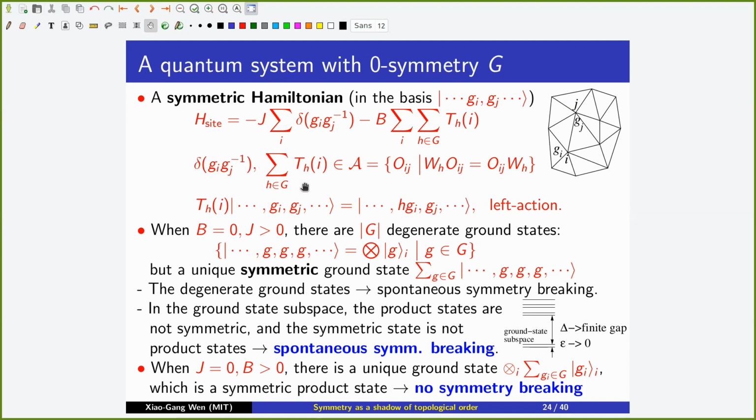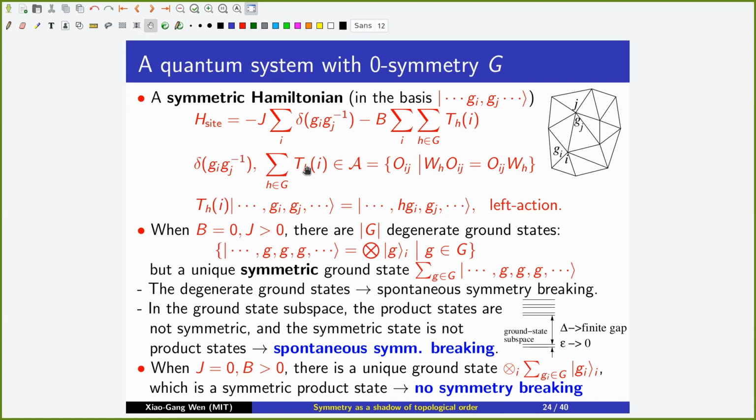Another operator that also commutes with the symmetry is T_H. T_H is basically a local transformation: T_H at site I just multiplies H to the left on the single site I. Then we sum over all H, and this operator again commutes with the symmetry operator. So these two operators are symmetric.